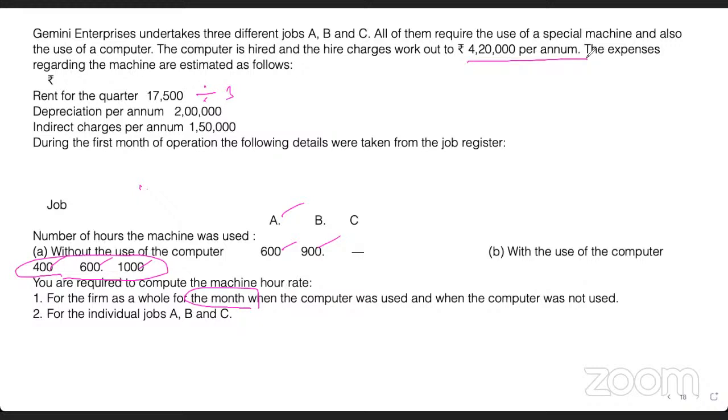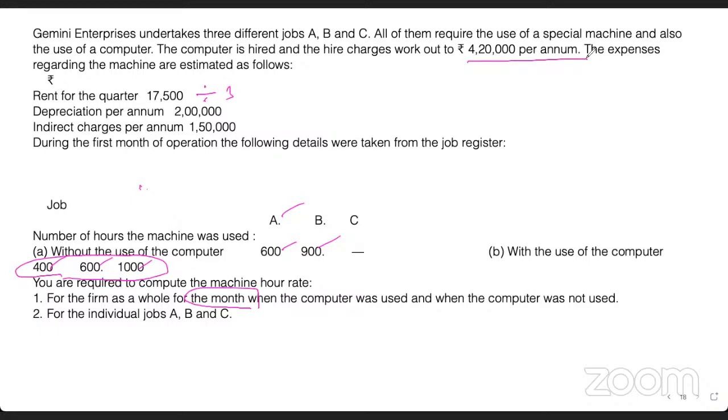For C only 27,500. So 17,000, 25,500, 27,500.